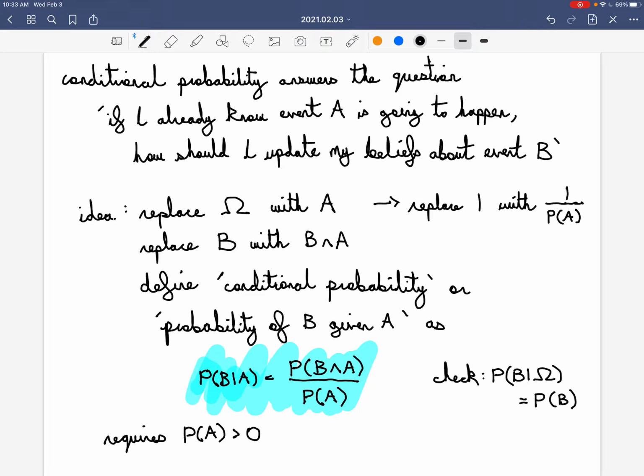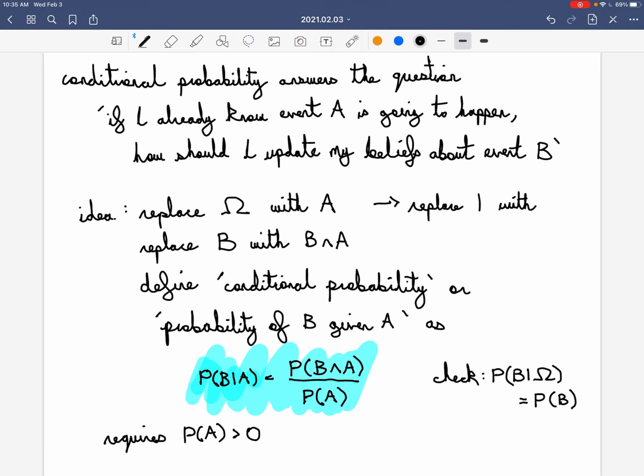And so the basic idea by which we want to do this is to replace the original sample space, which contains every possible outcome, with, actually, let me change this notation a bit.